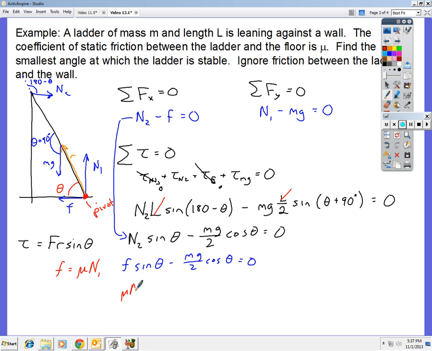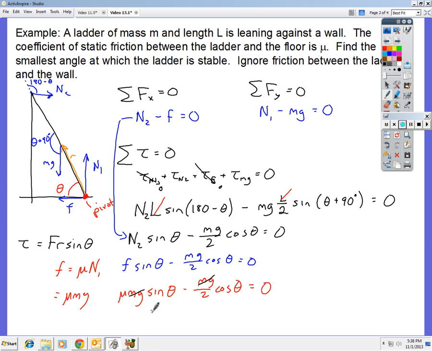So we have mu N1, and N1, of course, is mg. And that gives us mu mg sine theta minus mg over 2 cosine theta equals 0. M and g can be divided out of the equation, which tells us the mass of the ladder and the gravitational acceleration don't matter either.